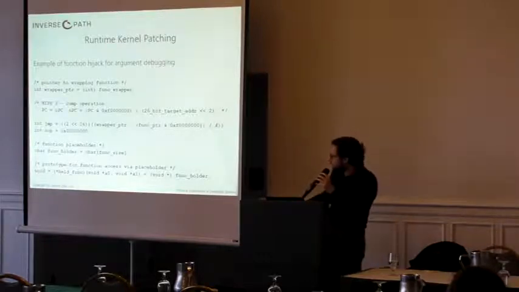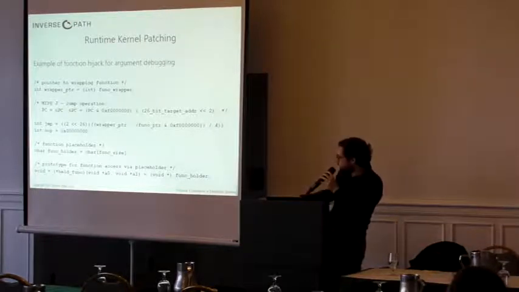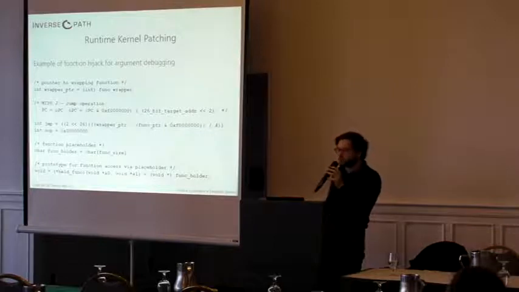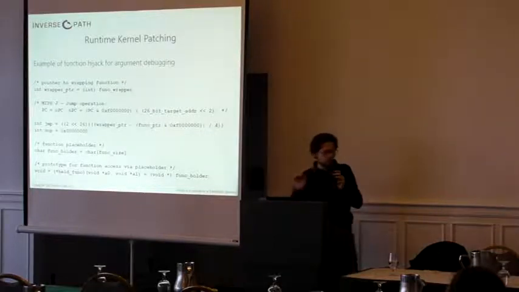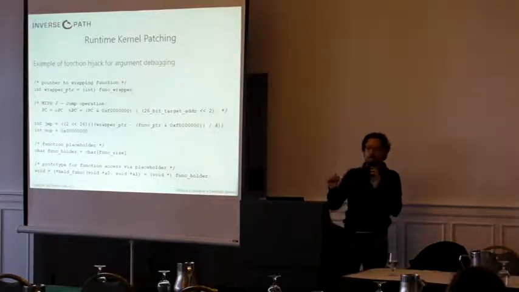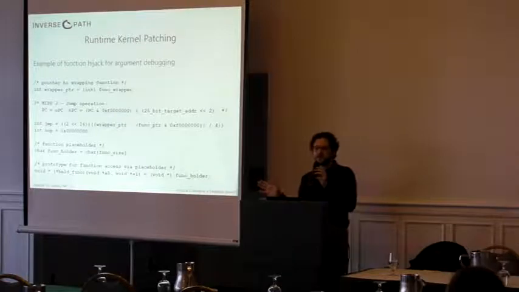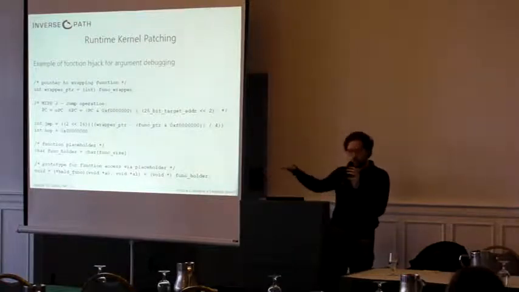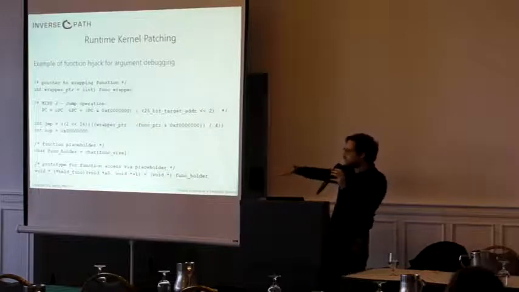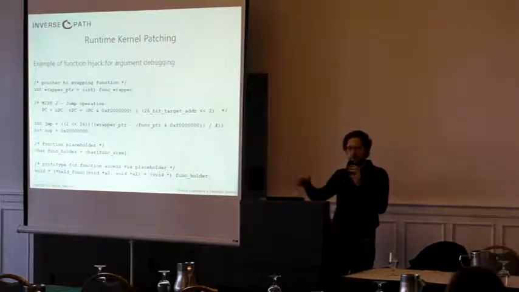And then you can define a prototype for the placeholder value. And we can see that in the prototype, we define two arguments, A0 and A1. But you don't need to know the exact number of arguments of the original function in order to do this. If the original function has 15 arguments and you're just defining 2, it will work. If the original function has 2 arguments and you define A0 to A15, it will still work.